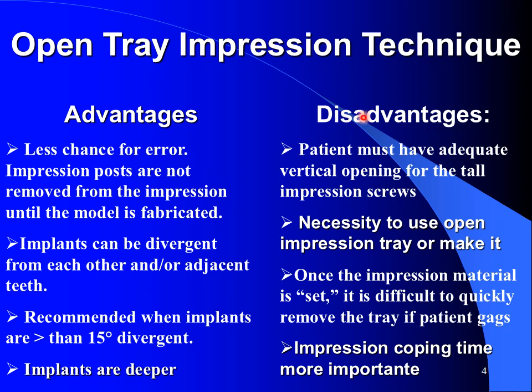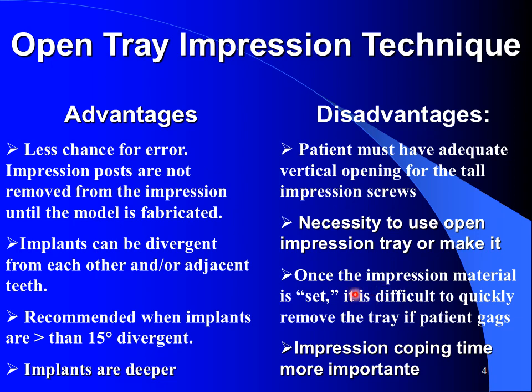While the disadvantages of the open tray impression technique are: the patient must have adequate vertical opening for the tall impression screws. It is necessary to use an open impression tray or make one, so we cannot use the conventional stock tray that we have.